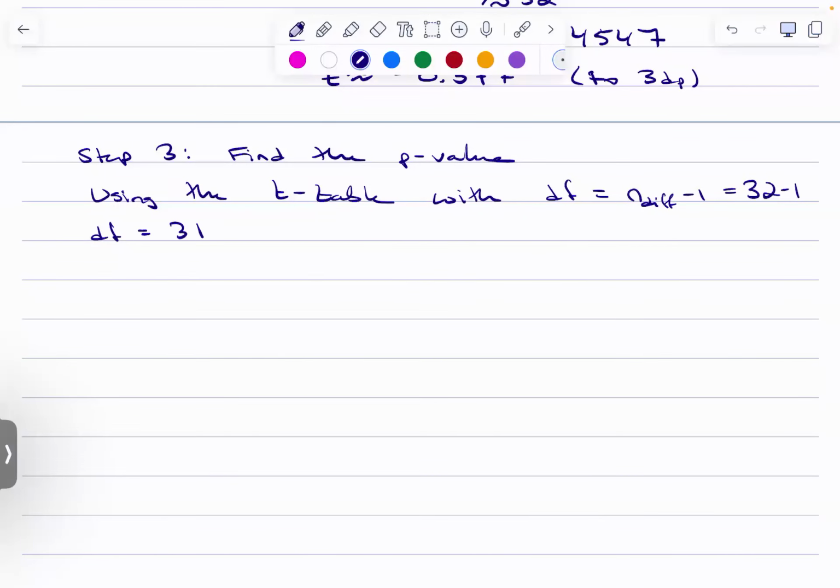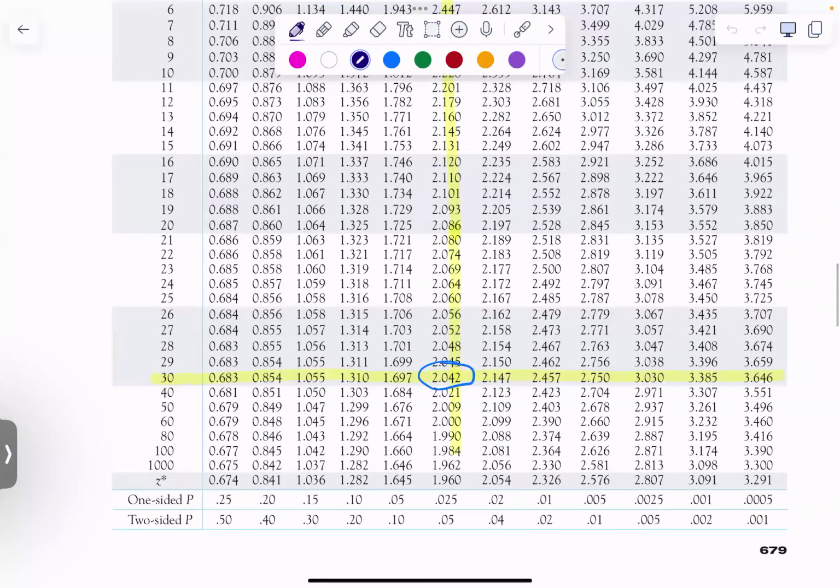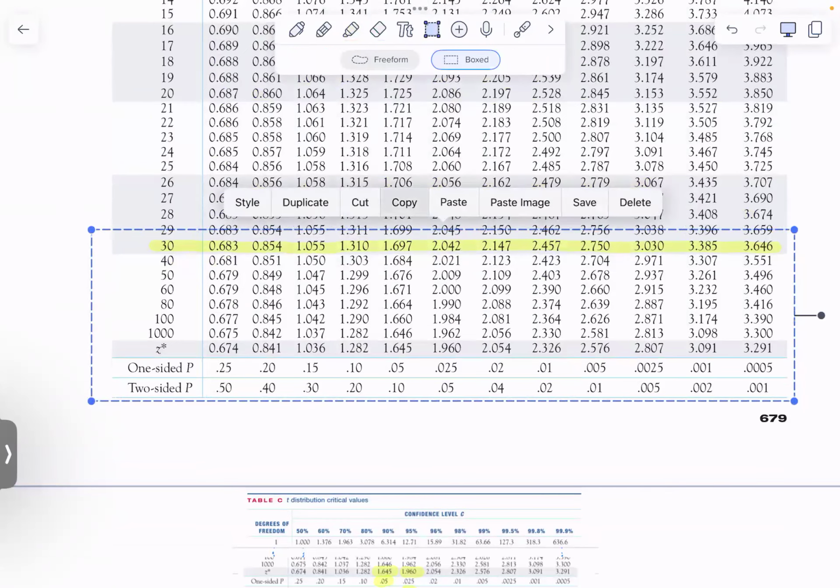Degrees of freedom equals 31, but using degrees of freedom equal to 30, all the things that we need to keep track of here. Highlight this 30 degrees of freedom row and bring it in.